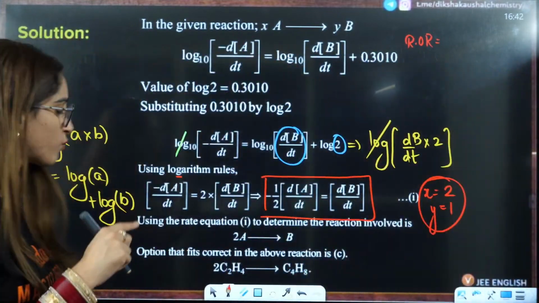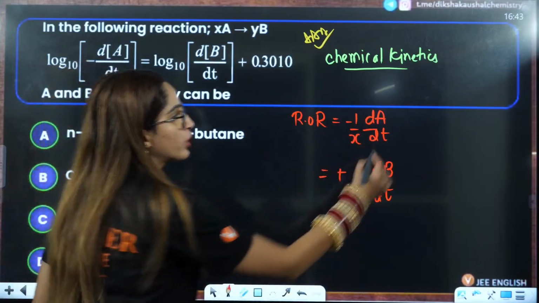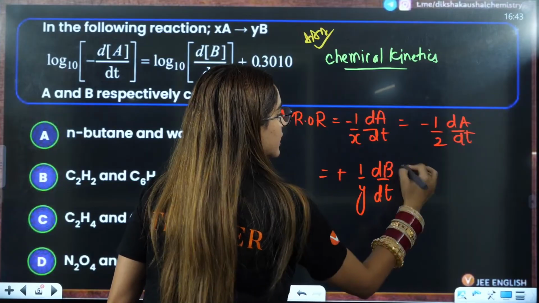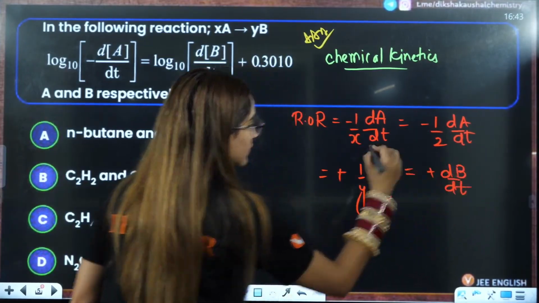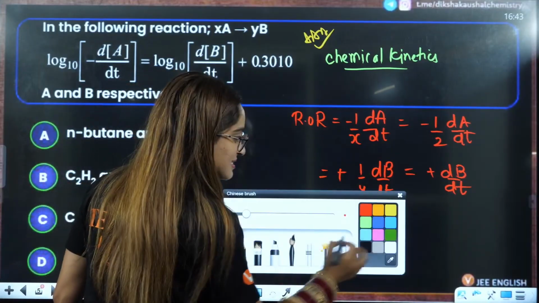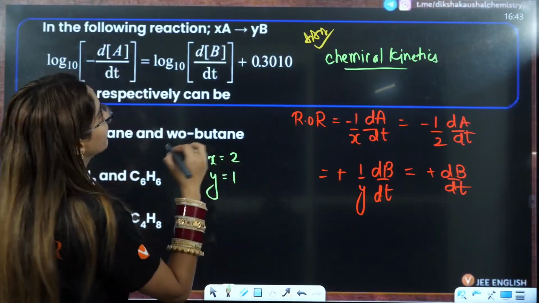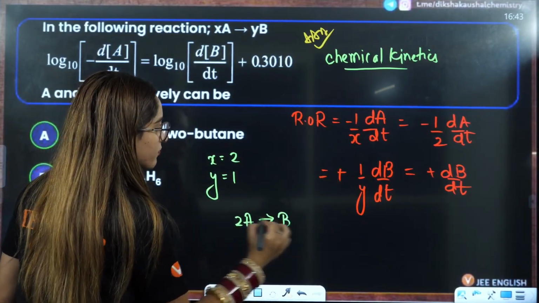In that question, what they have given you is minus 1 by x dA by dt, and what you are getting is minus 1 by 2 dA by dt. Here you are getting plus dB by dt. That means in the question, x is coming out to be 2 and y is coming out to be 1. So from here I can say 2A gives rise to B.